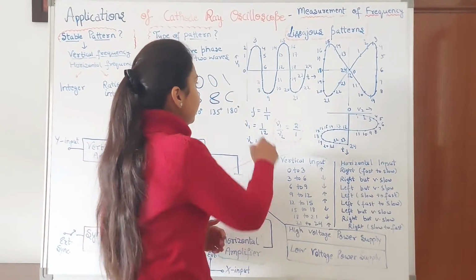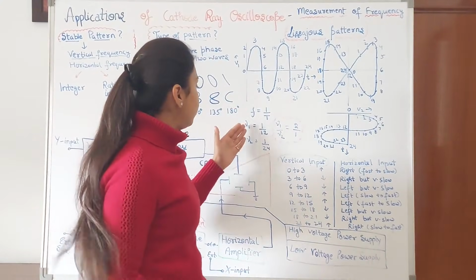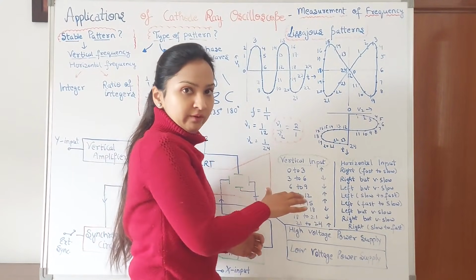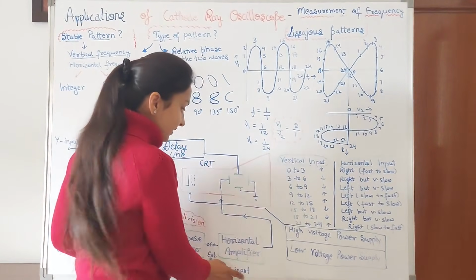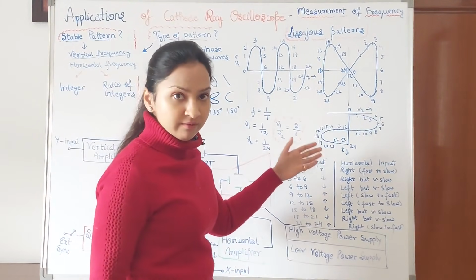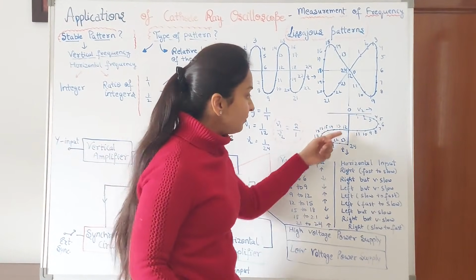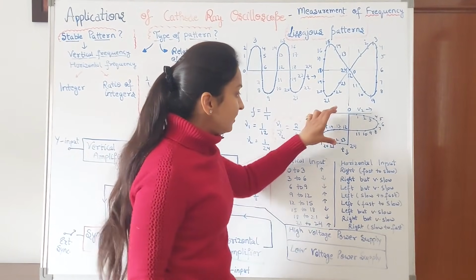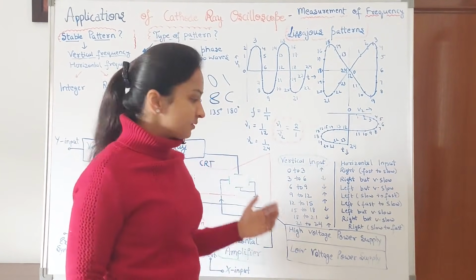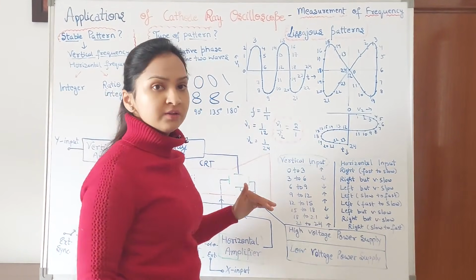So if I say that nu1 is the frequency for this Y input sine wave, nu1 will be 1/12. Similarly, the frequency for the X input sine wave will be 1/24. How? Because the time required in this case to complete one full cycle is 24 units of time. So nu2 in this case will be 1/24.